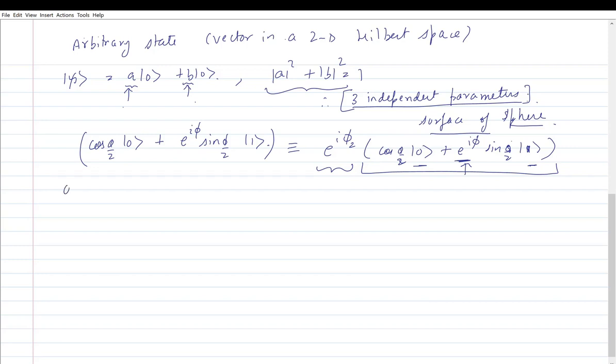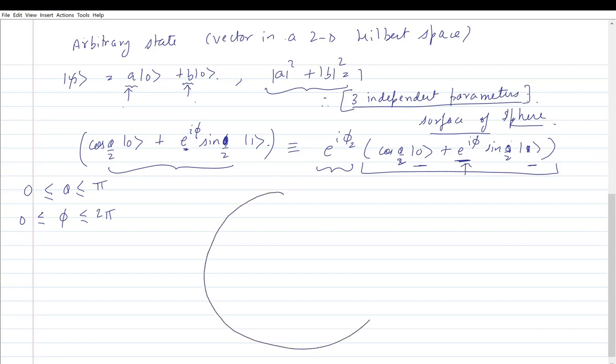So by convention, I pick theta to have a range between 0 and pi, and phi, the phase, is ranging from 0 to 2 pi. So I have two parameters now, theta and phi, and that defines for me the surface of a sphere over here.